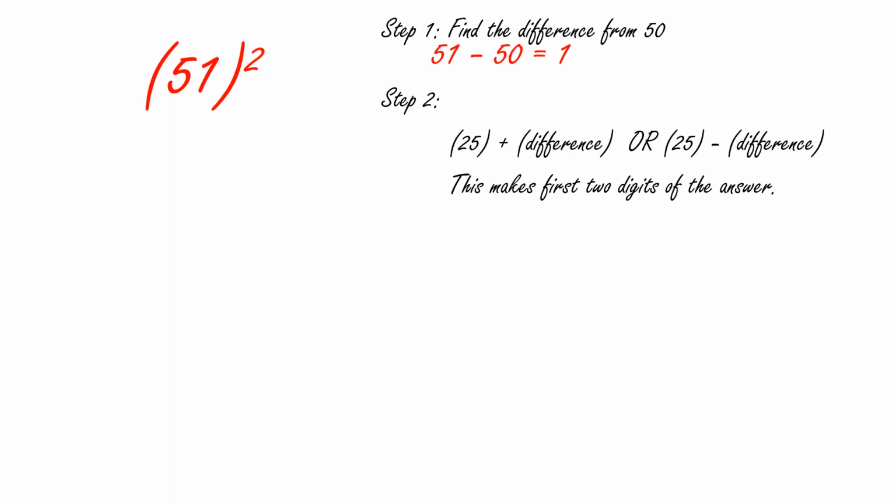But over here 51 is more than 50, so we are going to add the difference to 25. So 25 plus 1 is 26, and that will make the first part of my answer.